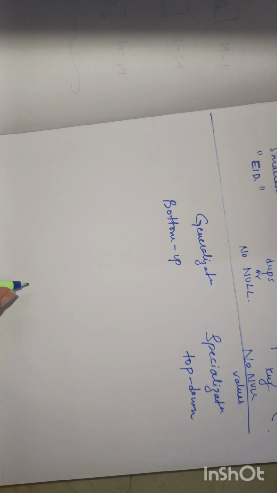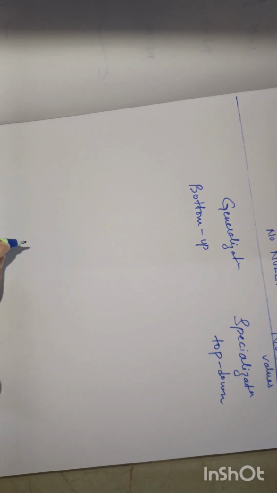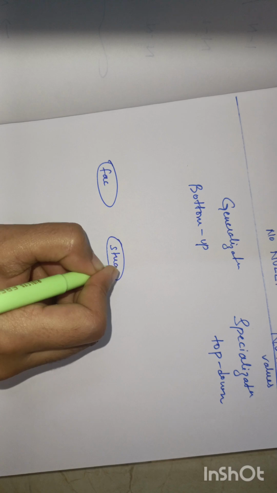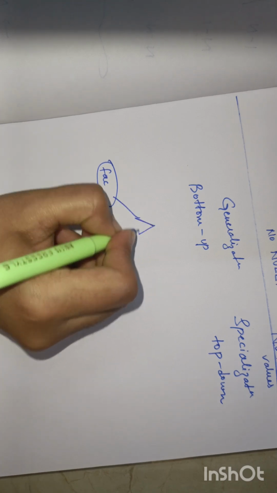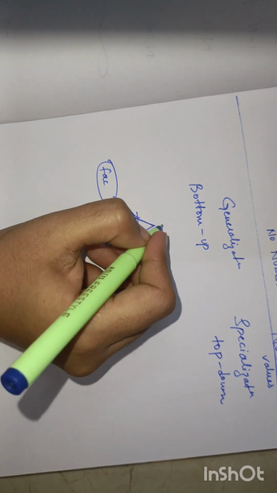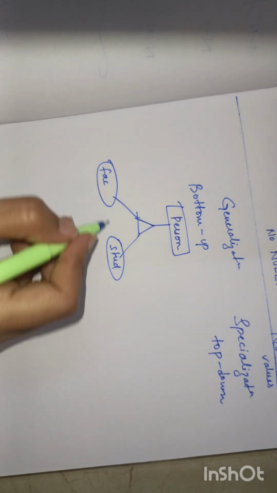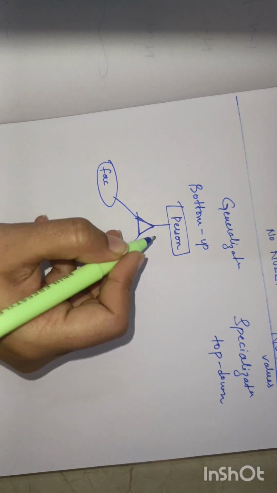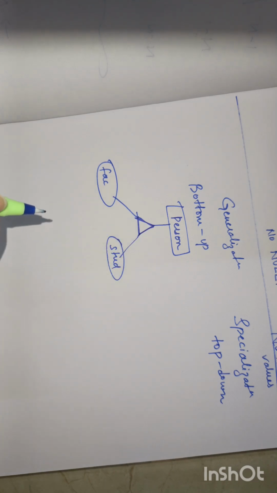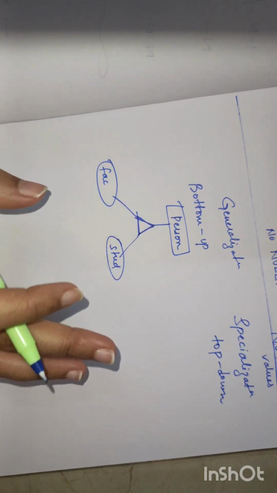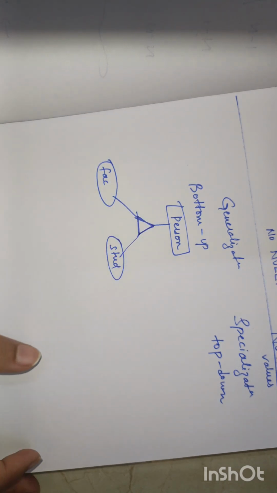Generalization is a bottom up approach in which two or more entities can be generalized to a higher level entity. For example, say faculty and student both can be generalized as a person, correct? So that is the generalization concept. A faculty and a student, both of them generalized to a person. So it is a bottom up approach in which two or more entities are generalized to a higher level entity, something that they have in common.